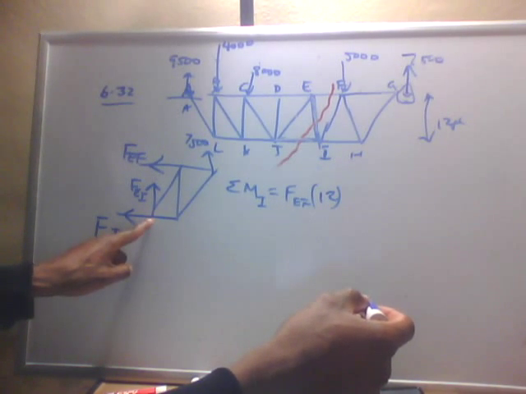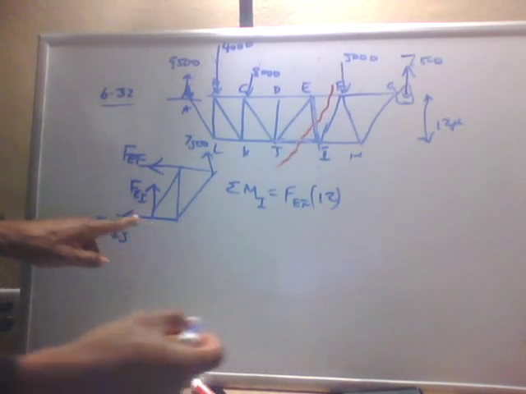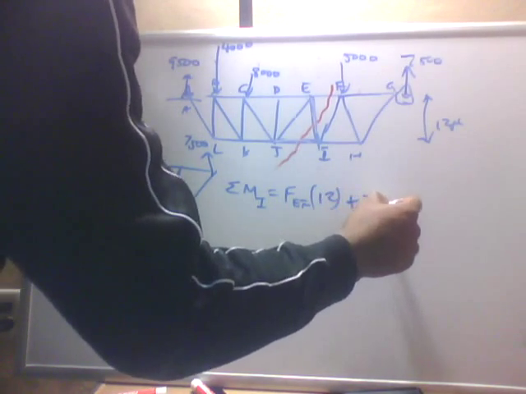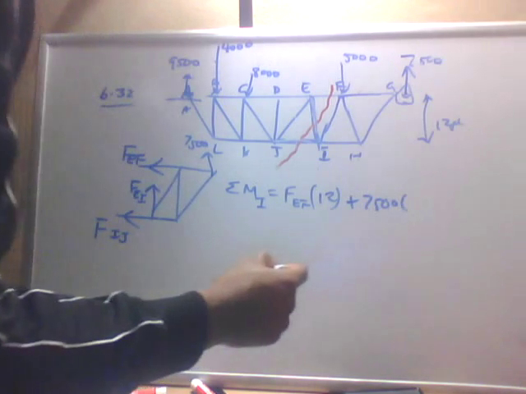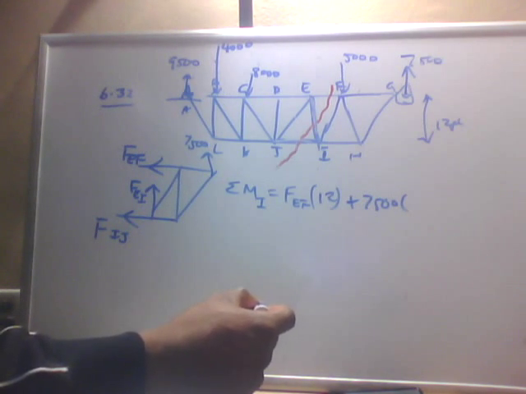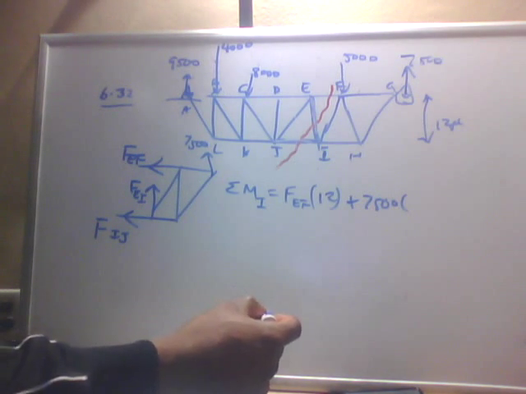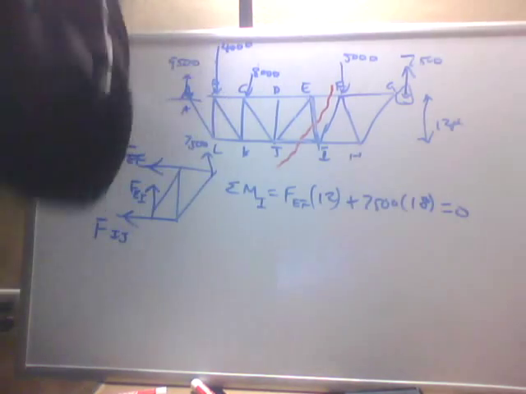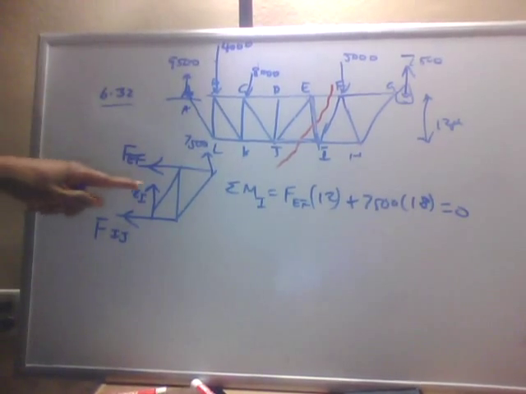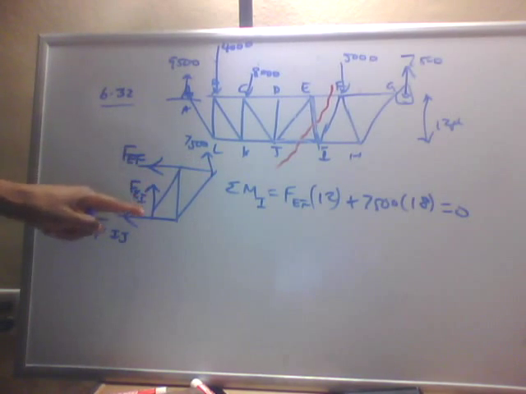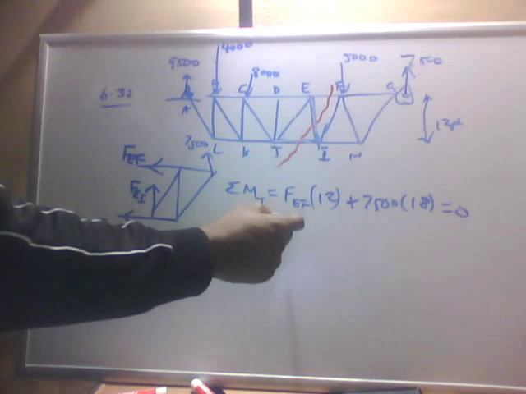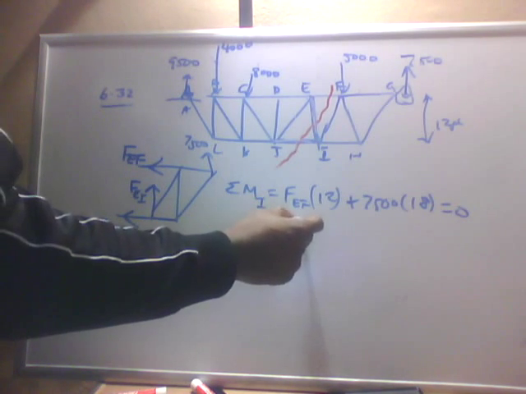About this point, that's 7,500, also clockwise, times that distance, which is 18, equals 0. I think I got all the forces. That gives me FEF easily.